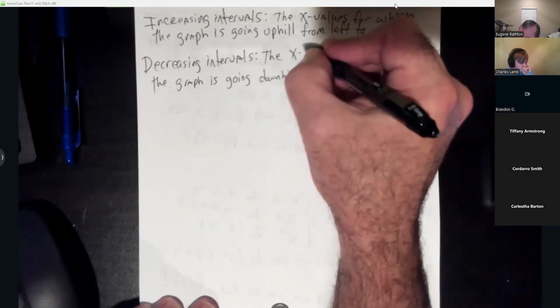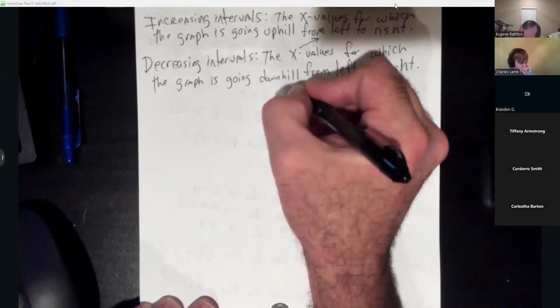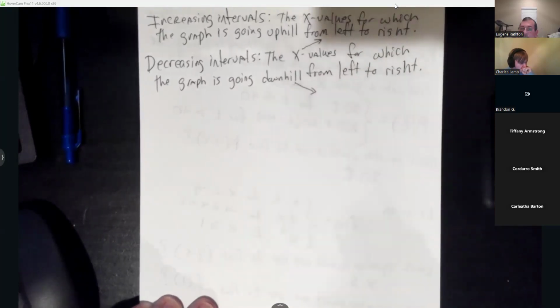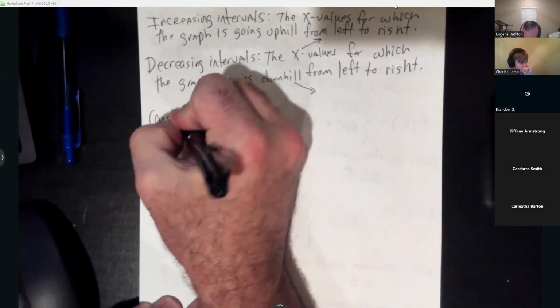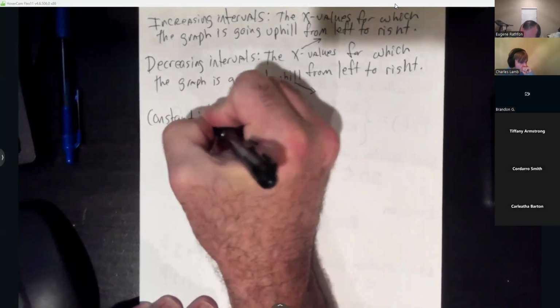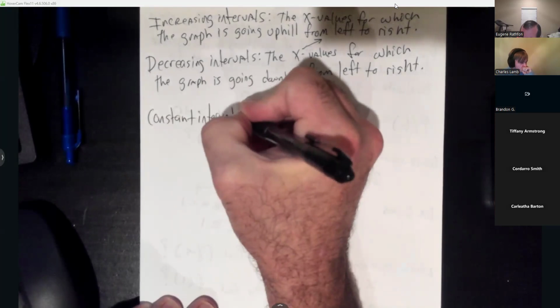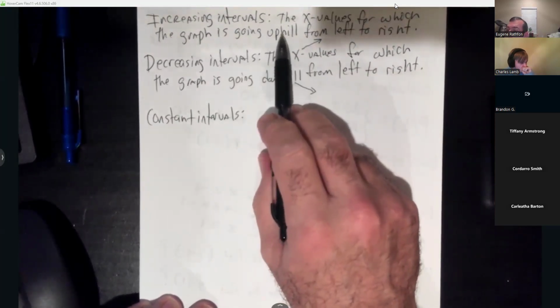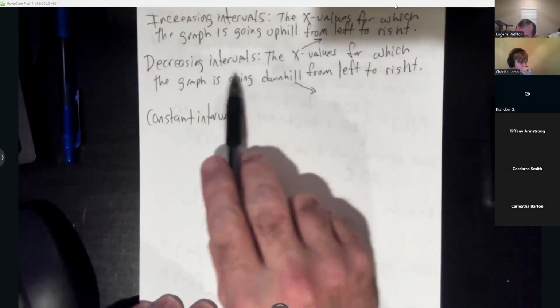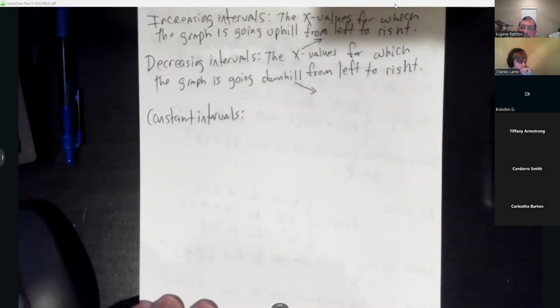Okay, so this one's sort of going to go up. This one's sort of going to go down. Then we got constant interval. And I'll tell you this, increasing intervals have a positive slope that goes uphill. Decreasing has a negative slope.